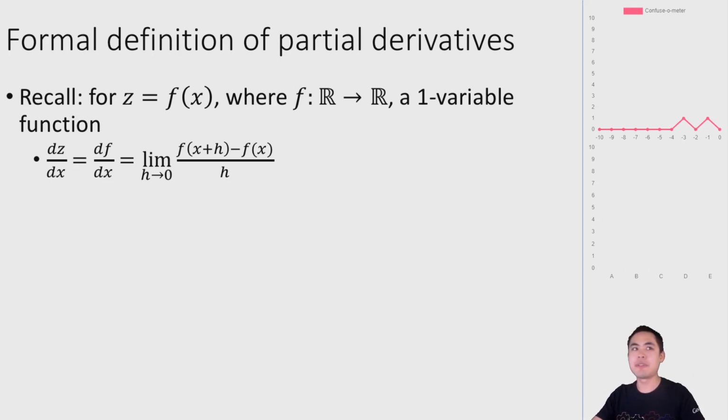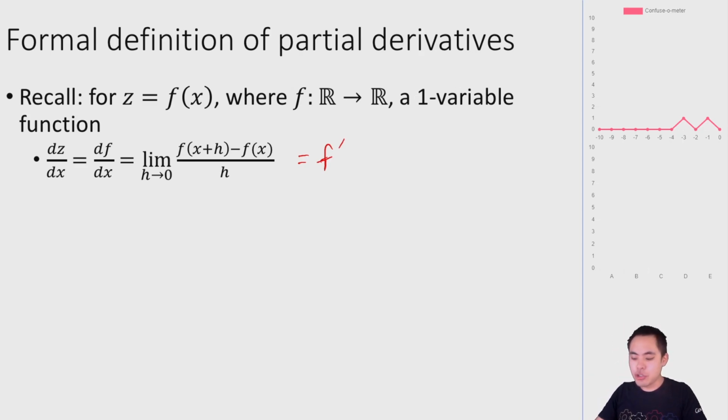So this is the formal definition using limits, which is the formal part of calculus that I'm not going to expect you to know too much of. Often we also write this as f prime. There are a number of different ways of writing this, but this is just an ordinary derivative, which you learned in your calculus 1 class.